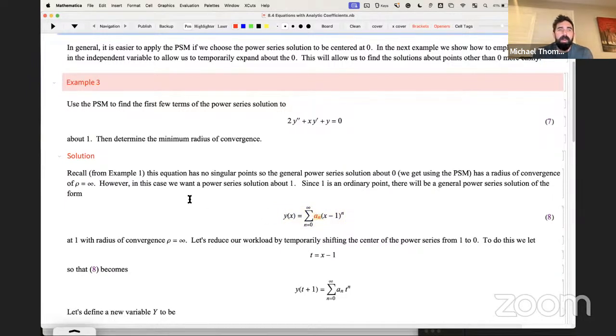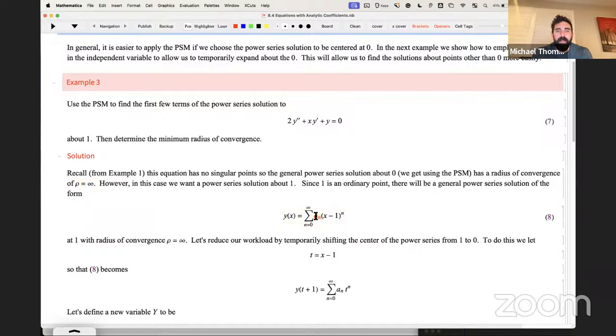By the way, we know 1 is an ordinary point, so that's why we know that there's a solution. As far as the radius of convergence, there are no singular points because p of x and q of x are analytic. So whatever power series solution we get, we know that it's going to be valid everywhere.